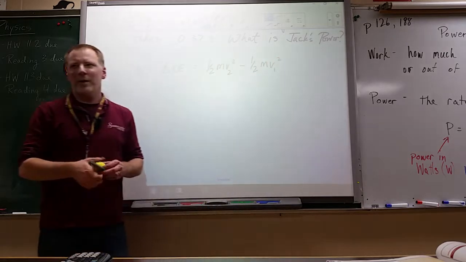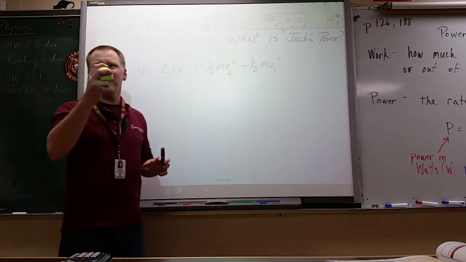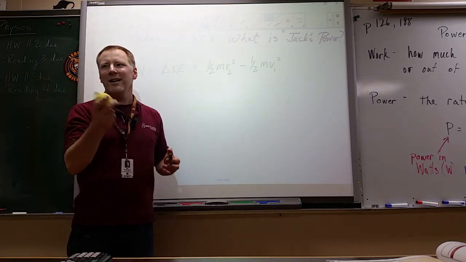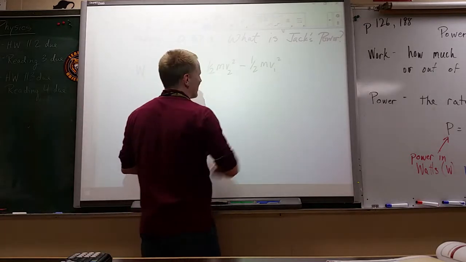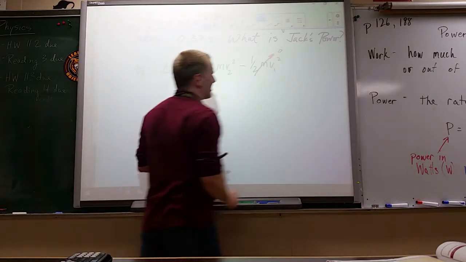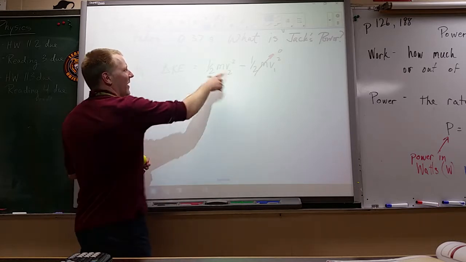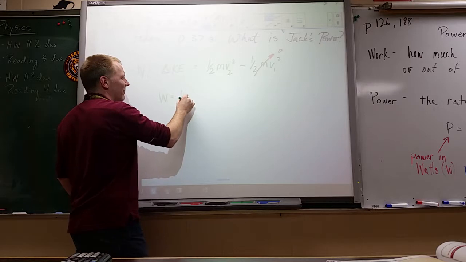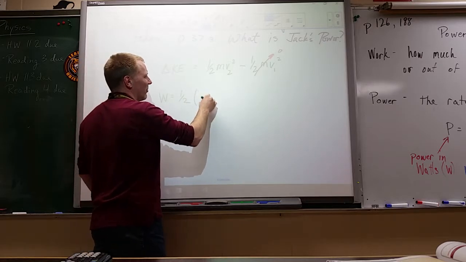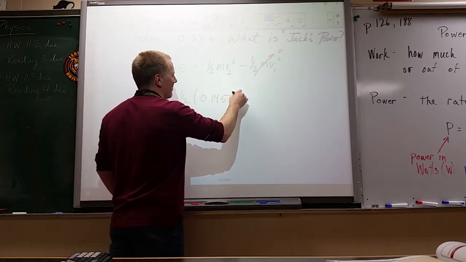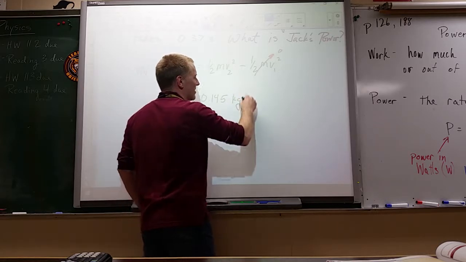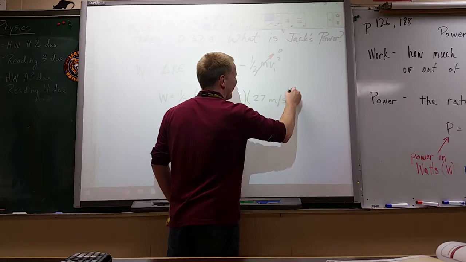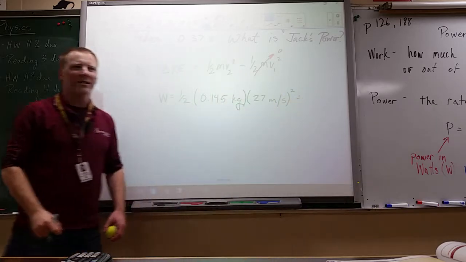But the baseball is basically still at the very beginning of the throw, so how much kinetic energy would it have? It would have 0 at that time. So in this case, we can just say that one is 0 and just find out how much kinetic energy it had at the end. So the work would be 1/2 times the mass of the baseball, 0.145 kilograms, times its speed, 27, squared, which gives us how much kinetic energy?